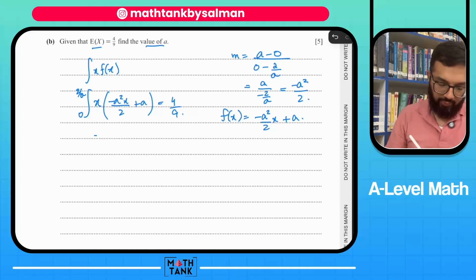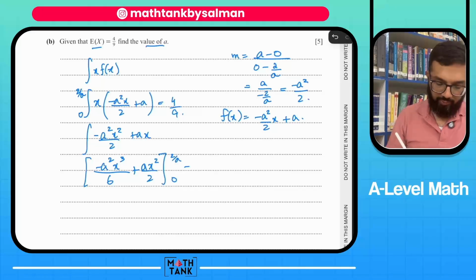So minus A squared x squared over 2 plus Ax. I've just multiplied, I haven't integrated so far. So minus A squared x cubed over 6 plus Ax squared over 2. And the limits are 0 to 2 over A.